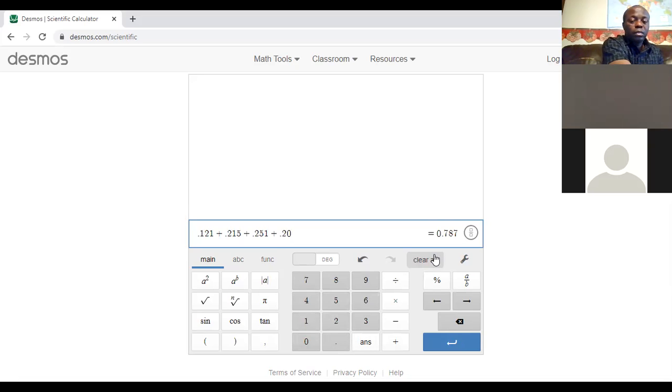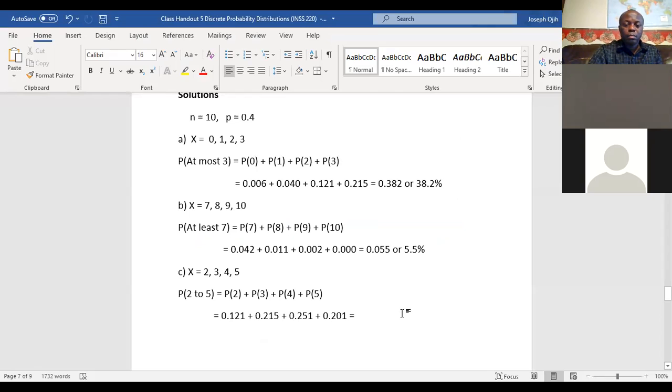That gives 0.787. Oh, I forgot to put 1. So it's 0.788. Let me correct it. So now I can put the answer in: 0.788.